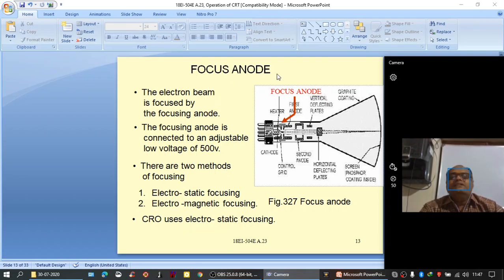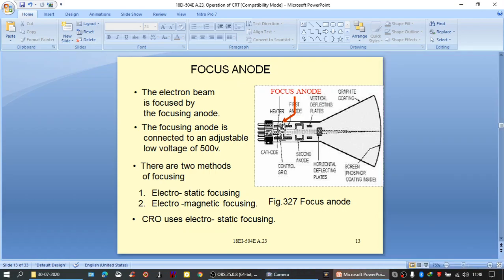Then focusing anode, you can see here in red color it has been marked the center between pre-accelerating and accelerating anodes. This is pre-accelerating and here is accelerating anode.